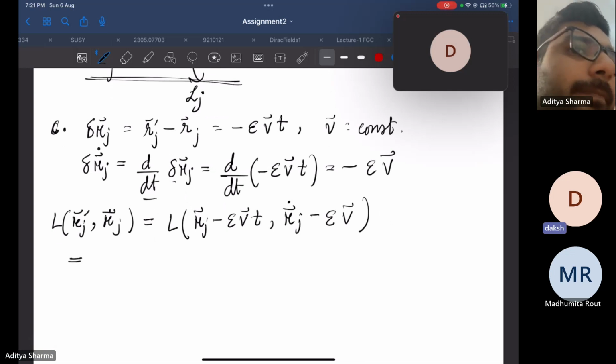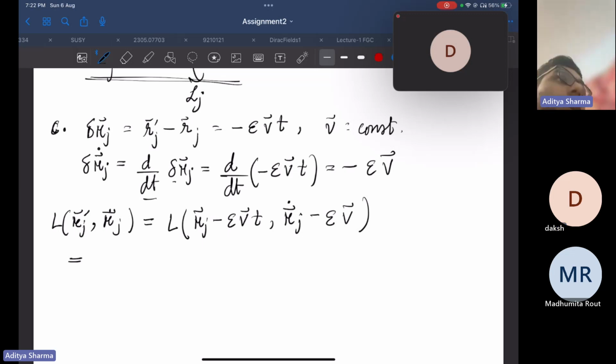This is the part I want to focus on, because this is something which will give you a dynamical symmetry. Now you just put this in the Lagrangian which we have.